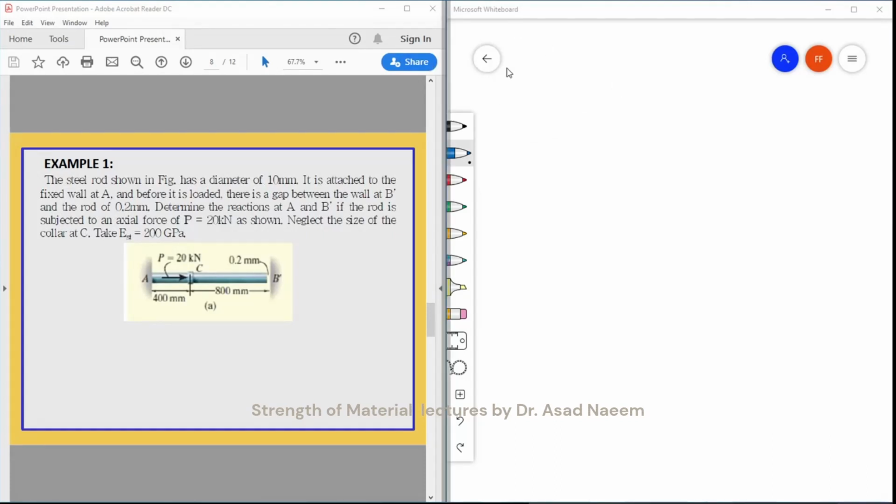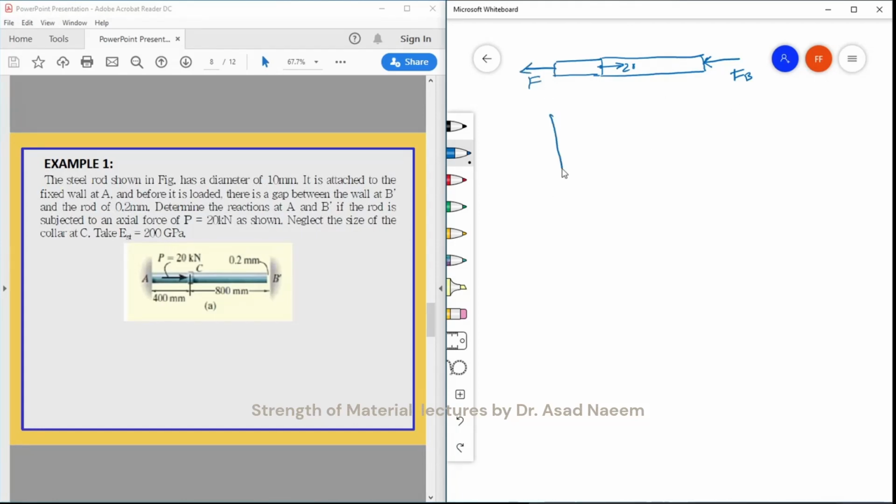First of all we always have to make the free body diagram. This is 20 kilonewton. Now we are assuming that जब इस पे force apply हुई है तो जो deformation हुई है वो deformation is fixed by this wall, which will definitely cause the counter reaction which is FB, and then there is a fixed reaction which is FA.